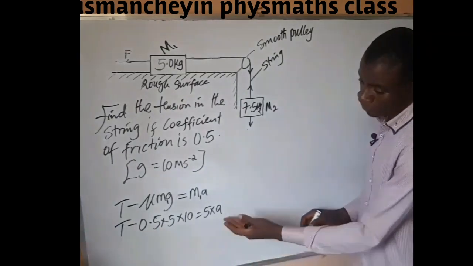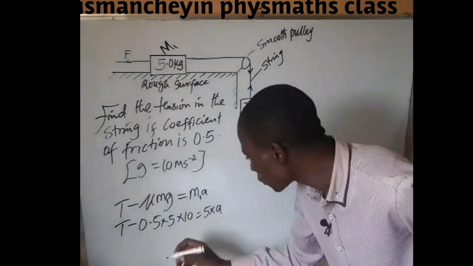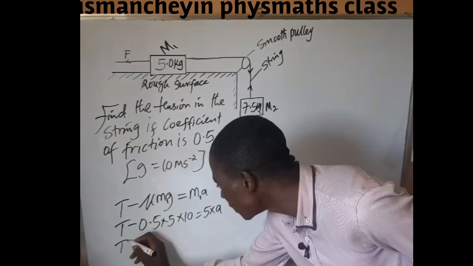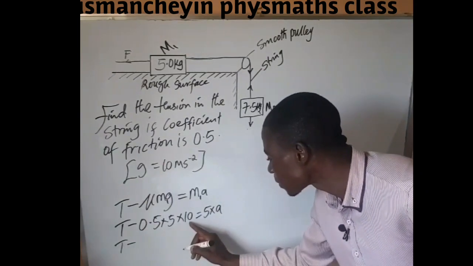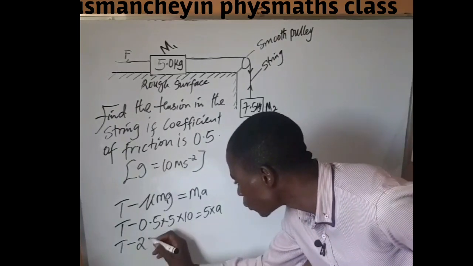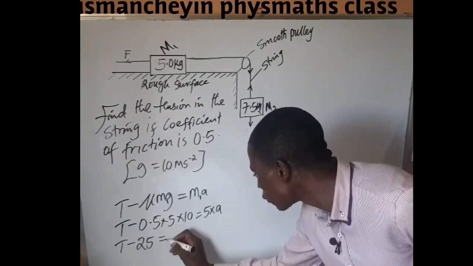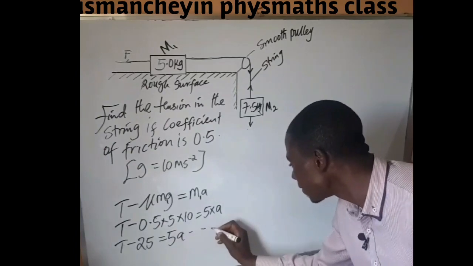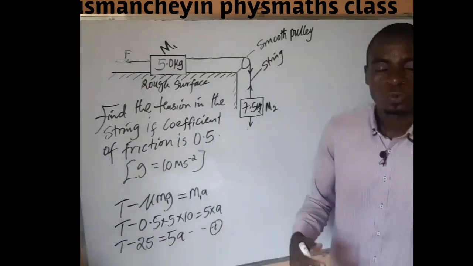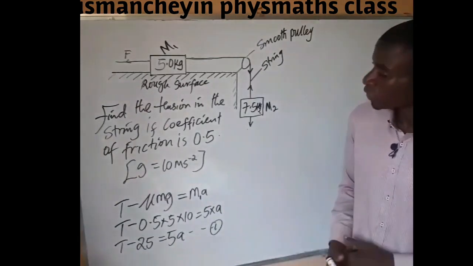That is the first step. So we proceed. Now we have T minus 0.5 times 5 times 10, which is 25, equal to 5a, and this is our equation 1.